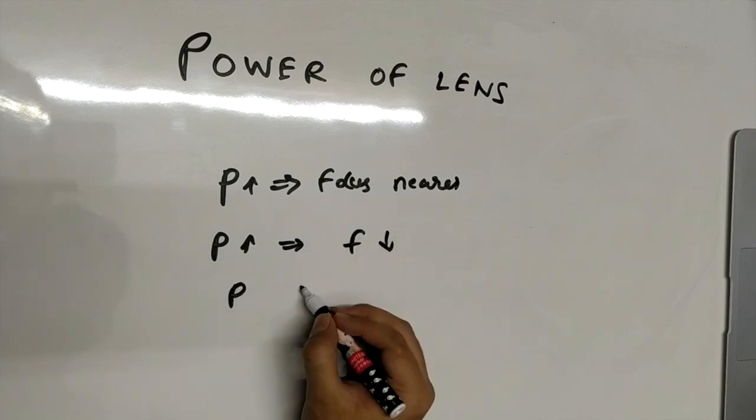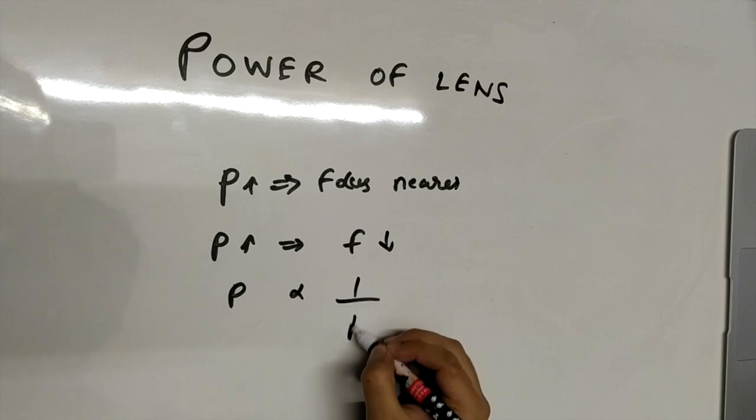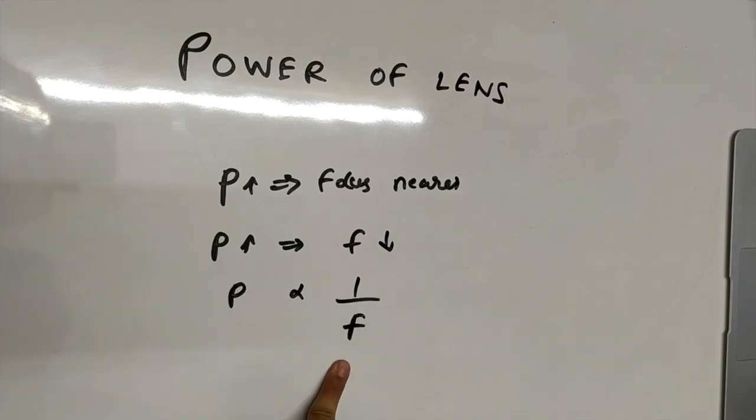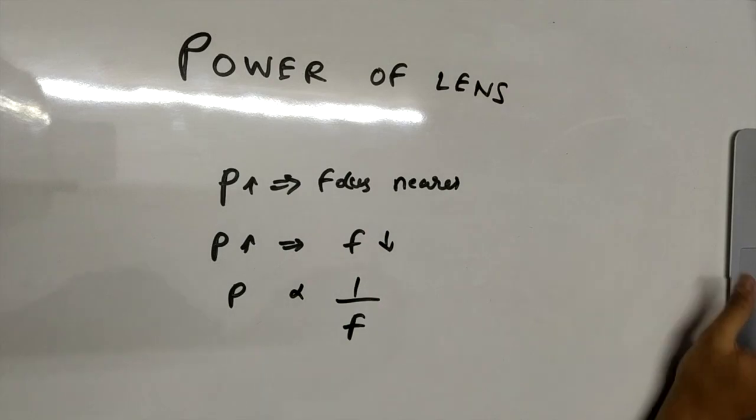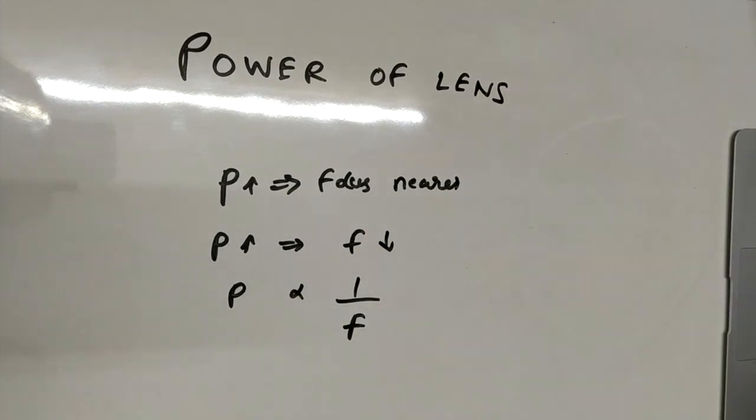So power is inversely proportional to focal length. Why? If the focal length is more, it means it is not bending the light ray that much, so that's why it doesn't have much power.